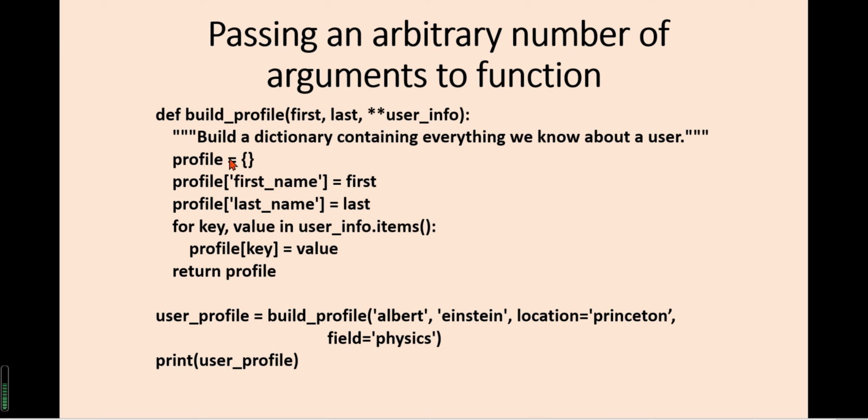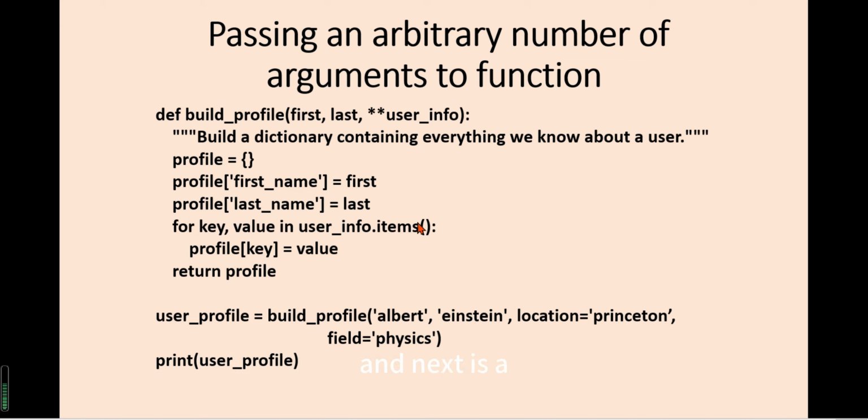So inside the function you will see, here we build a dictionary containing everything we know about a user. So we create a local dictionary inside the function called profile. Then the profile's key first_name gets the first value, and the profile's last_name key gets the last value we assigned when calling.